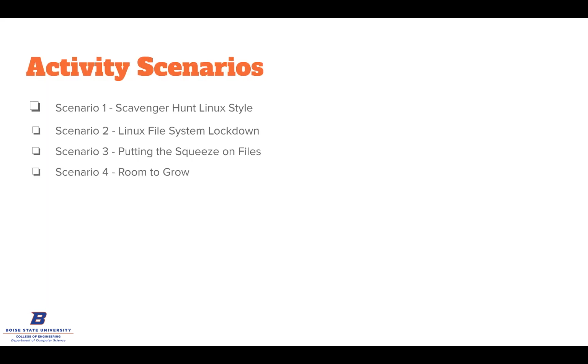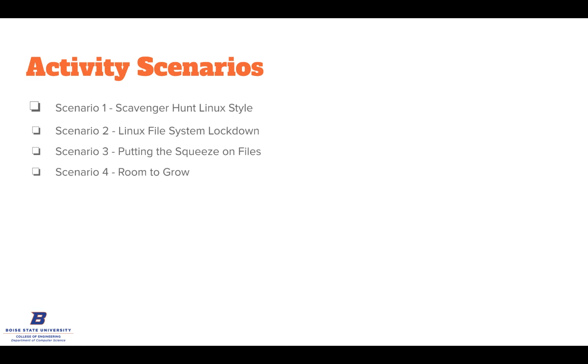For the activity, you're going to have 4 different scenarios that you're going to walk through to explore different aspects of the file system. Scenario 1 is going to be called Scavenger Hunt Linux Style, and in this scenario, you're going to learn about files, directories, permissions, and just how the files and directories are structured in a tree.